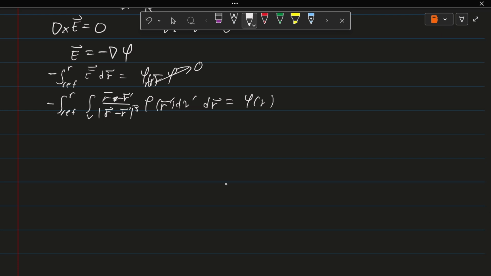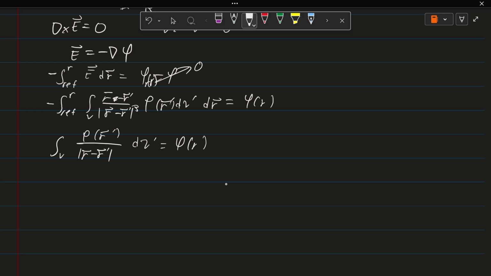Doing the integral of this, it would be just the integral of the volume charge density at r vector prime, divided by the length of r vector minus r vector prime, dv prime. And that's basically the electrostatic potential.